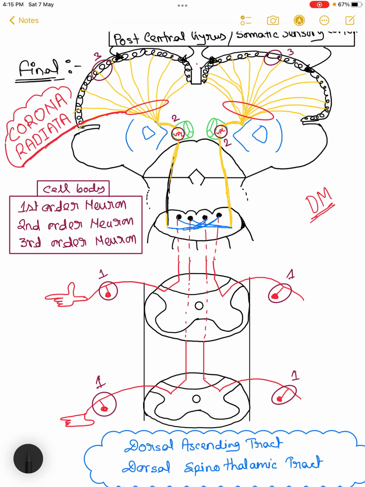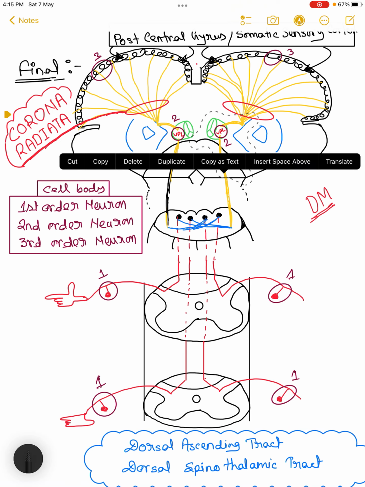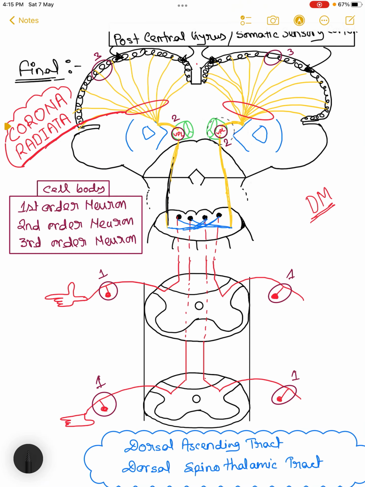Now this medial lemniscus will go towards where? Yes, towards the thalamus, and to be more specific, where? Our VPL, the ventro-posterolateral nucleus. So this medial lemniscus will end in VPL.